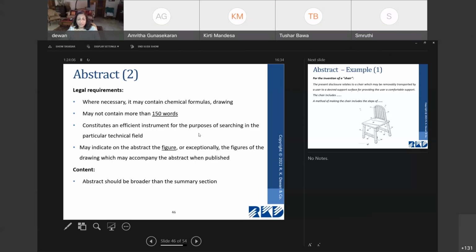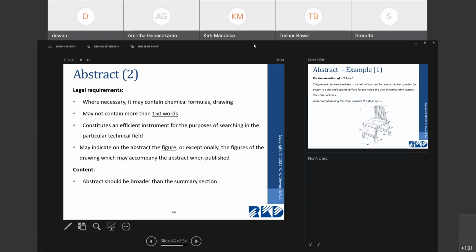Basically, all these things go back to the basic philosophy of the patent system, that you need to share technology with the people around, and not only share, but also make it easy for them to read, because if everybody has to read every specification, it is very difficult for people.